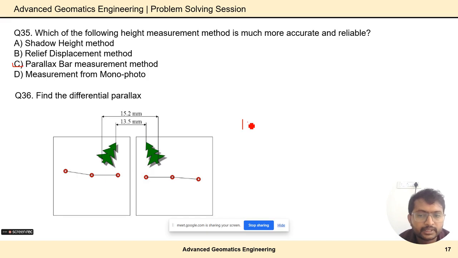No, because here the parallax is directly given and no quadrants are defined, so you have to use the direct values. So basically 15.2 minus 13.5. If you do, you will get around 1.7.